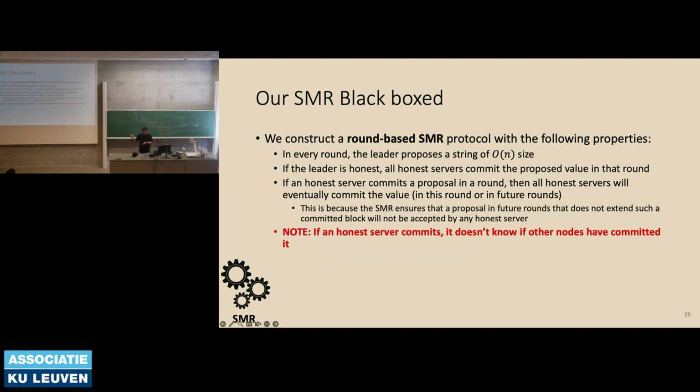This is the key problem, and it turns out that if you use round robin protocols, and you know that there are only T Byzantine faults in the system, if you just wait for T plus 1 rounds, you know somewhere in there there's going to be an honest leader. You don't know which, but it doesn't matter.